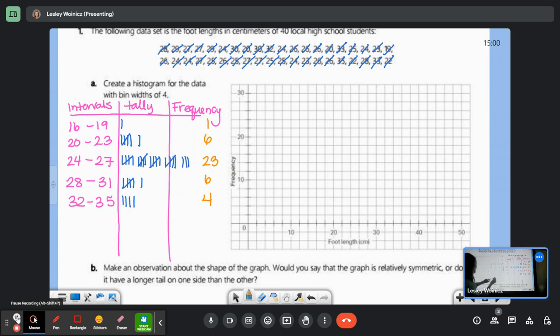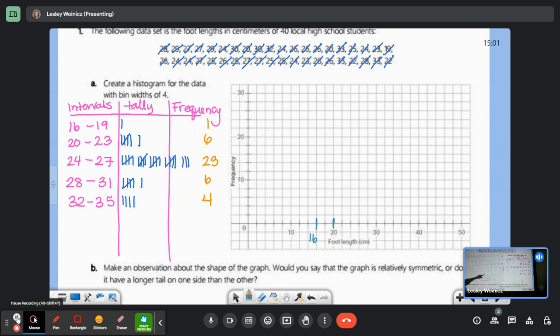Okay, where's 16? Here. Okay, there's 16. And it goes to 20. But anything that is 19.9, 19.8 would go to the left of 20. And 20 goes in this bin.